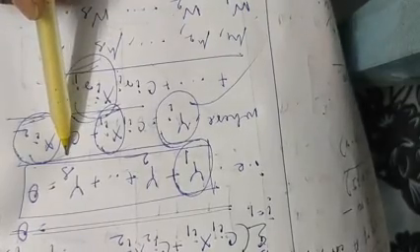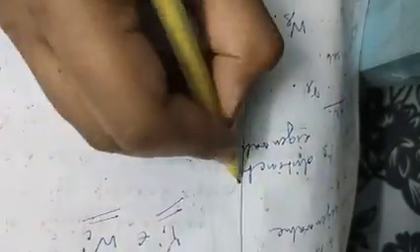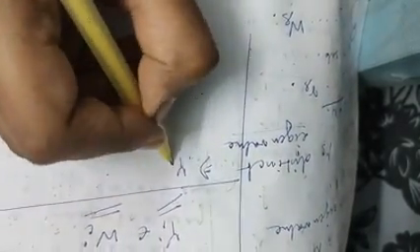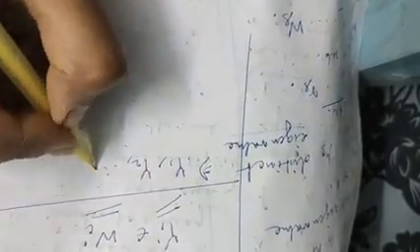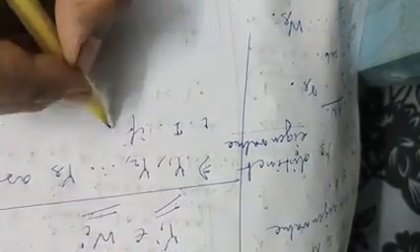Now, considering the relation y1 plus y2 plus dot dot ys, necessarily these y1, y2, dot dot ys are linearly independent if they are non-null, because they belong to the subspaces spanned by the basis elements.